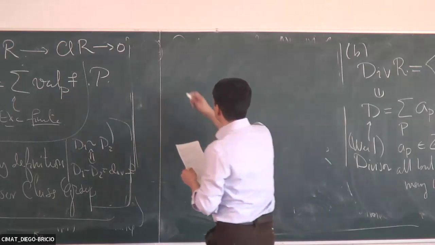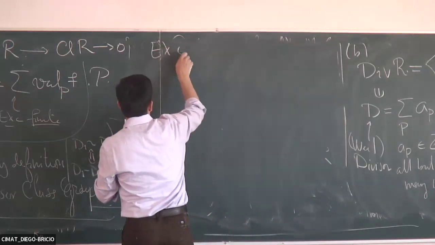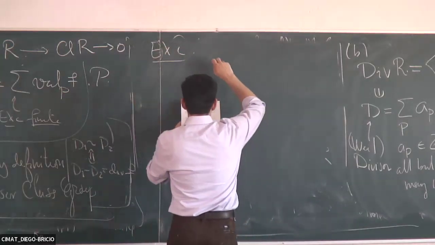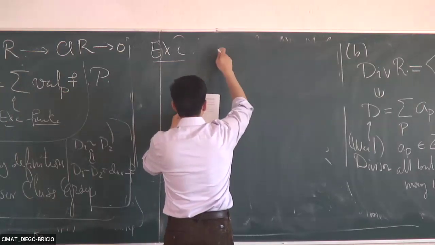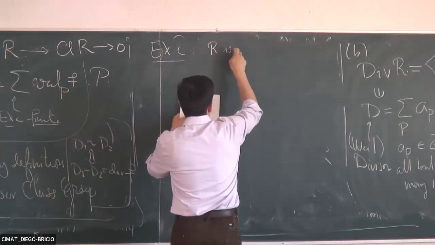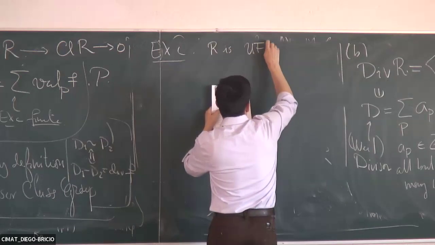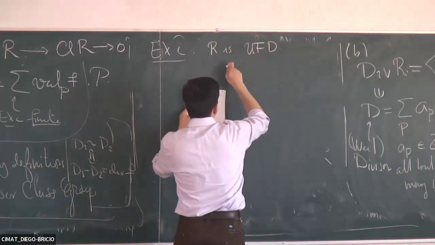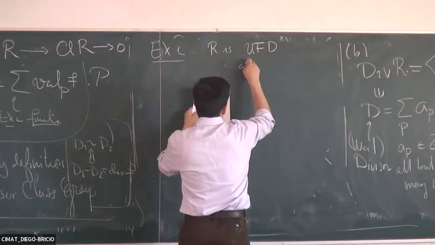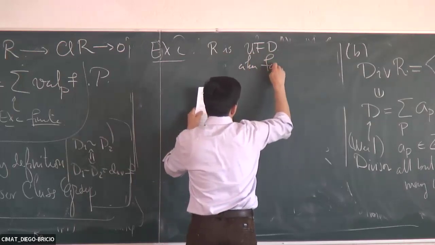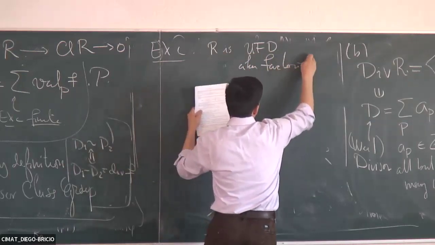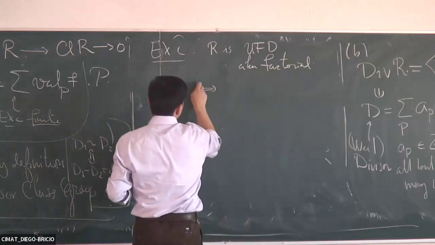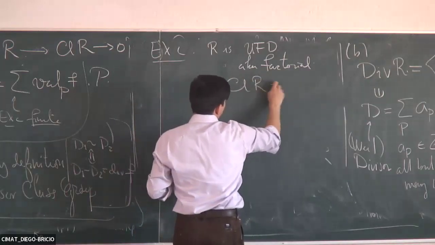So it is an exercise just for you to get some taste of what it means. You can prove, it's not difficult, that R is a UFD, unique factorization domain, also known as factorial. I prefer this name, I think it's the French name, factorial, if and only if the divisor class group is trivial.